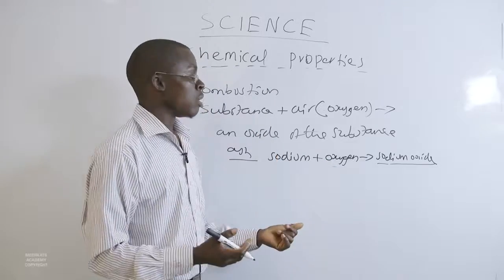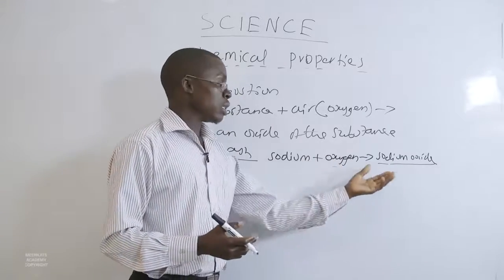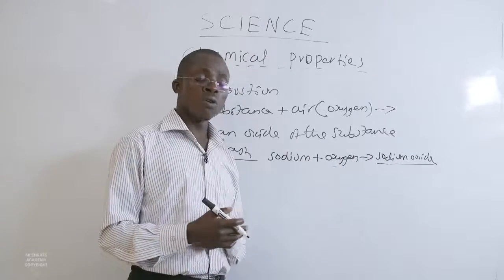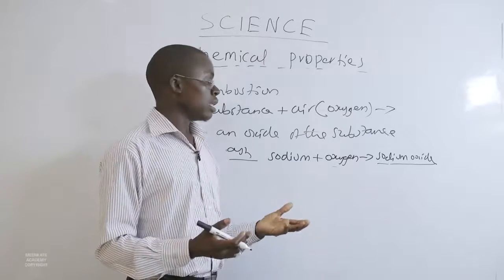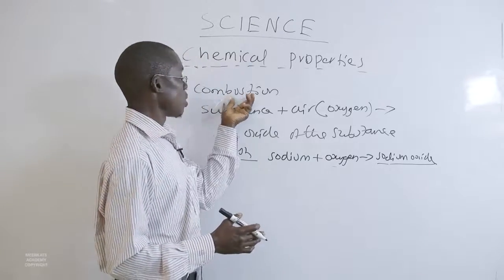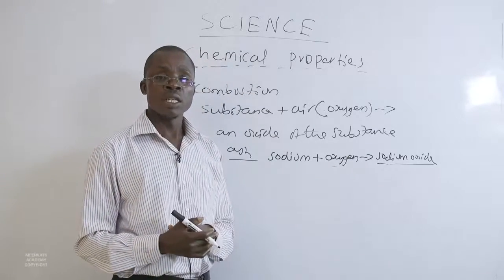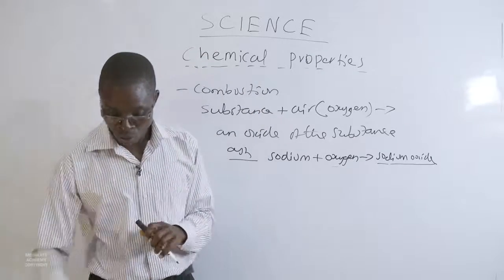By mass, if you look at the mass of sodium oxide and oxygen and sodium, all of them are totally different. Energy is involved in all chemical reactions, and it is true. It was during combustion that we got this. So energy is involved. So there we can see chemical properties.